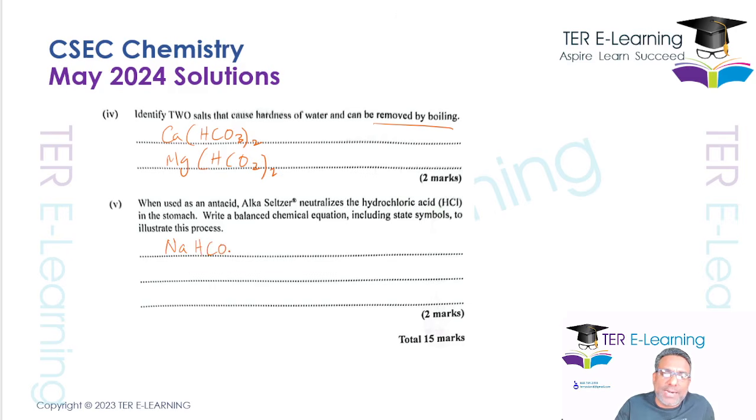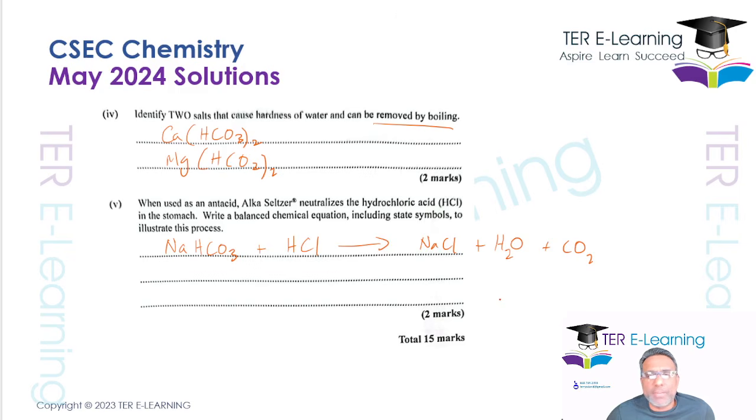Now they didn't ask for state symbols, so I'm not going to put any, right? Plus HCl. So this is the reaction we're going to get. You're going to get a salt. In this case, we're going to get NaCl. Plus, we should get some water coming out here. All right, and we should also get carbon dioxide coming out here, right?